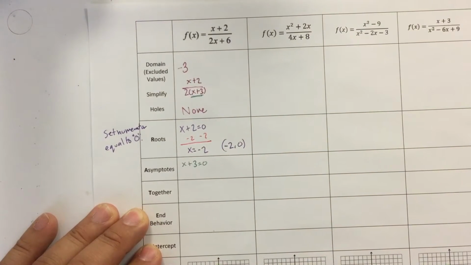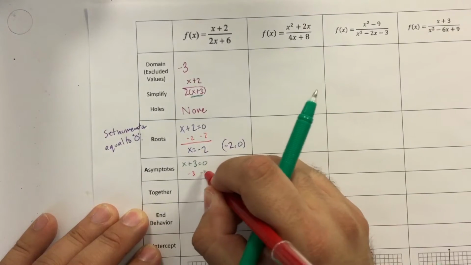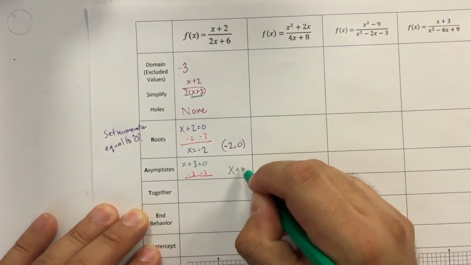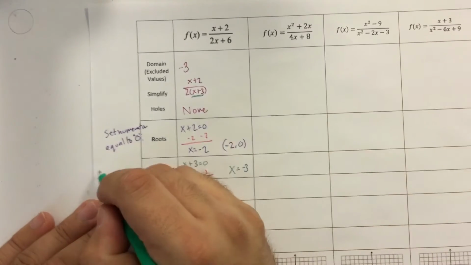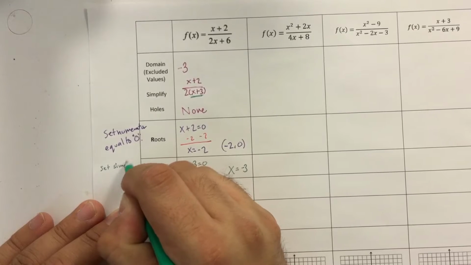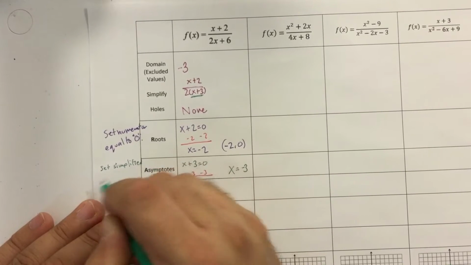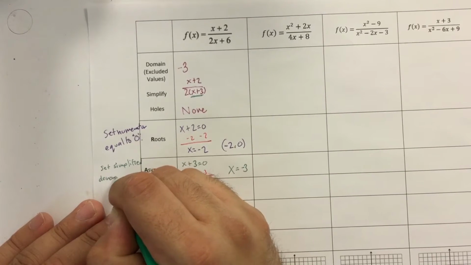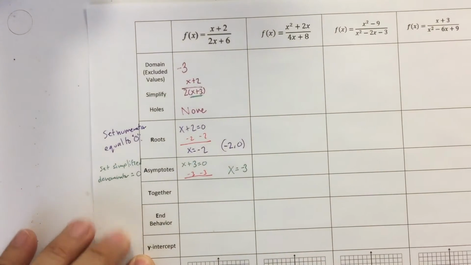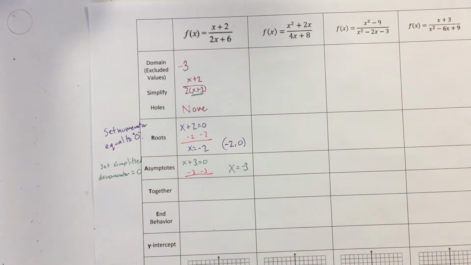When I solve this, I subtract 3 from both sides. So what does x equal? Negative 3. Set the simplified denominator equal to 0 and solve for x.